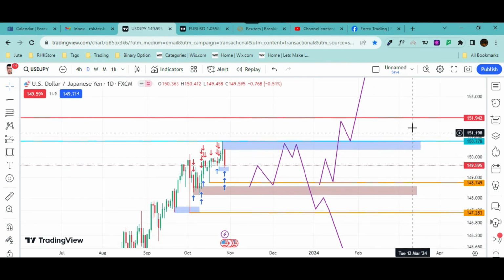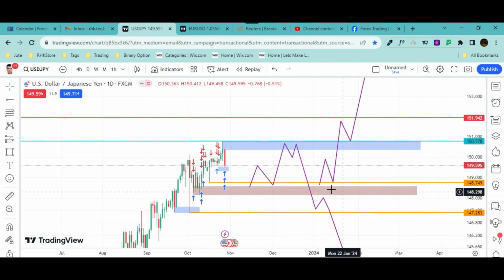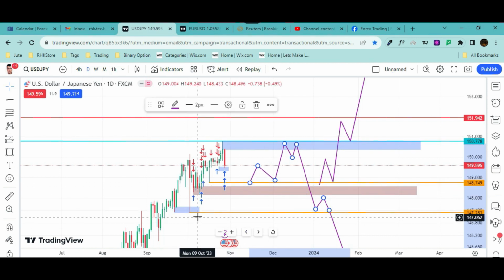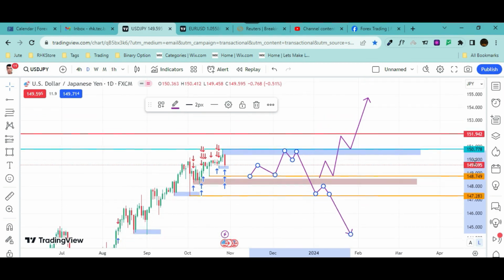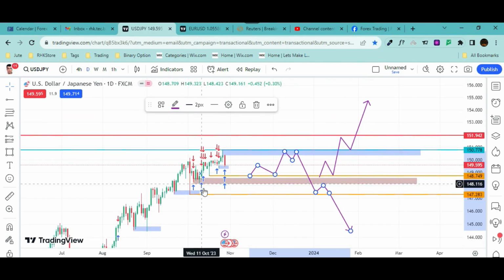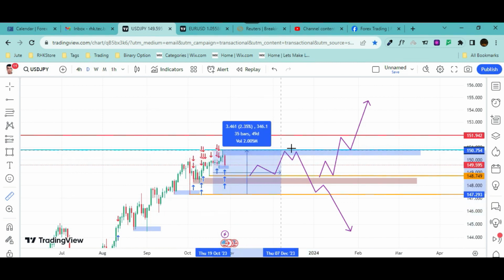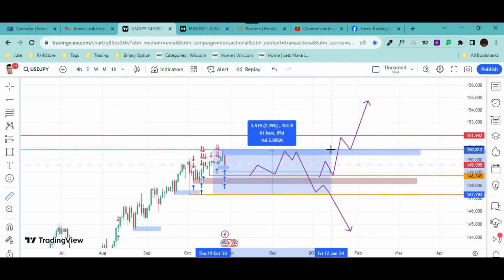Now, considering these two scenarios, as it is coming down right now, let's put it a little bit higher like this. Yes. So if we see this, these are the places the market should at least move.